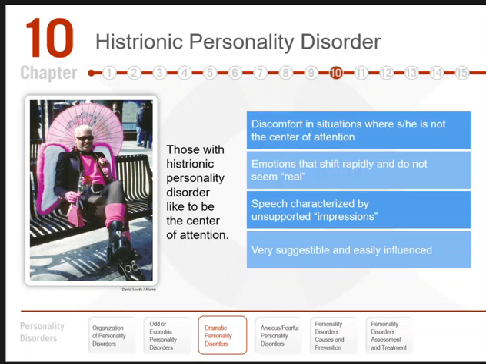Again, they're very similar to narcissistic, with very low self-esteem. They'll act as if they have a lot of confidence in these roles, but if you ever poke that bubble, they're very, very vulnerable and very in danger of hurting themselves.